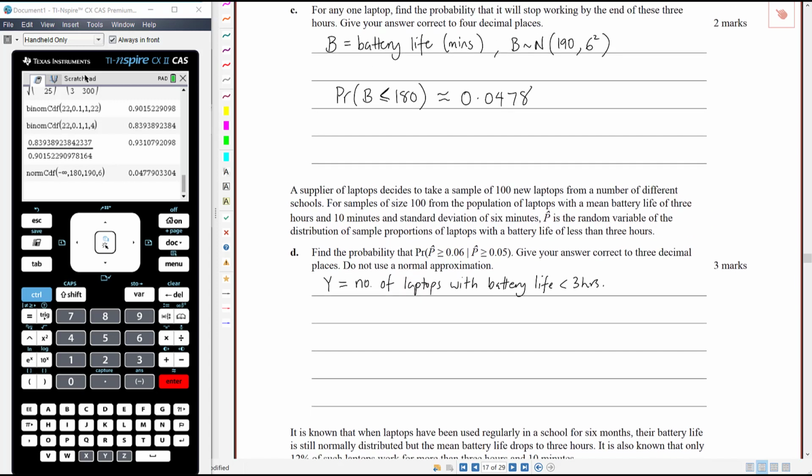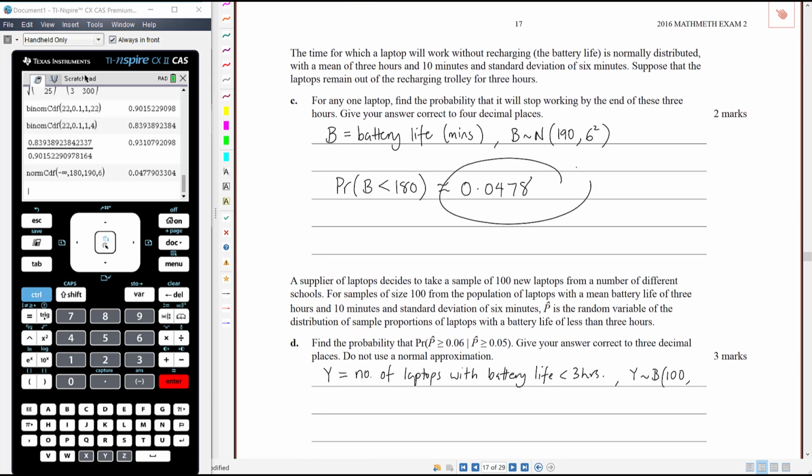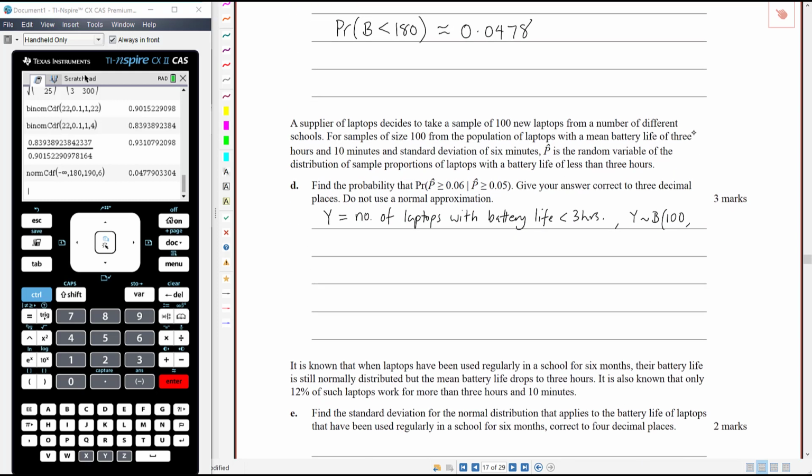Actually, to be consistent, let's say less than 3 hours up there. Okay. And so we know that y is a binomial variable. In the sample, we've got a sample of 100 laptops, and the probability that any of them has a battery life of less than 3 hours is what we've worked out up here, 0.0478.